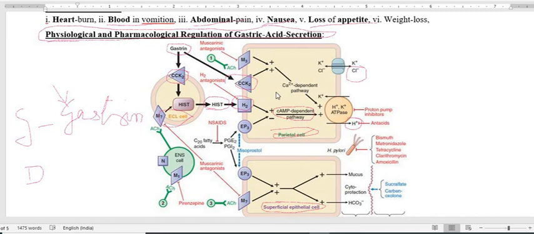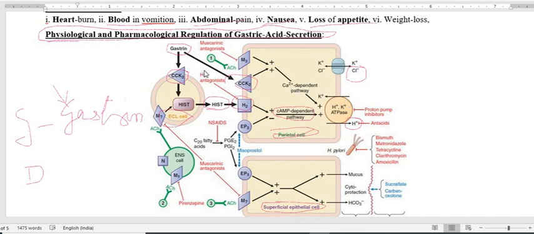Once calcium increases intracellularly, which we call the calcium dependent pathway, the raised calcium within the parietal cell activates the enzyme hydrogen ion potassium ion ATPase, and the same way, release of hydrochloric acid occurs. But here the pathway is calcium dependent.